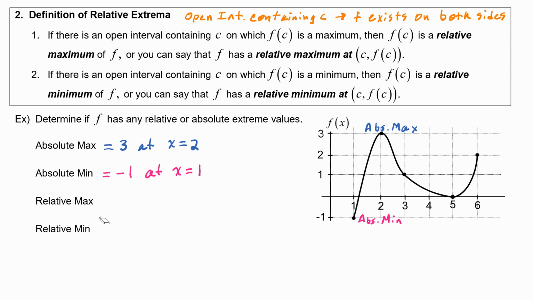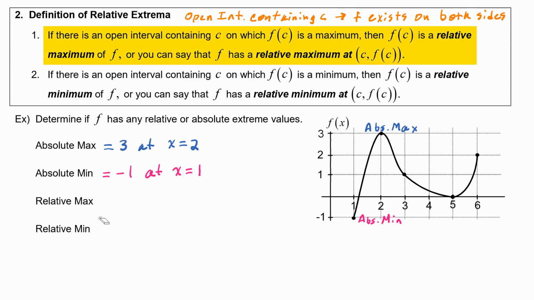Next, we need to decide if there's a relative max. Now, remember, to be a relative max, there has to be an open interval containing c on which f of c is a maximum. If we look at this point right here, we can put an open interval around 2, go up to the graph. f exists for all the x values to the left of 2 and all the x values to the right of 2 on this open interval.